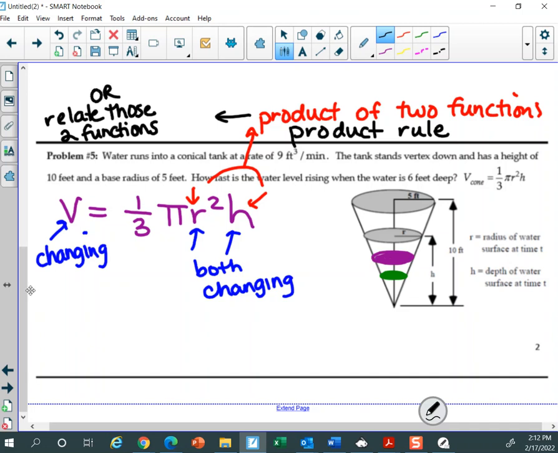So, we either have to treat this as the product of two functions and therefore take the derivative using the product rule, which we can do. Actually, I think I'm going to start that way.